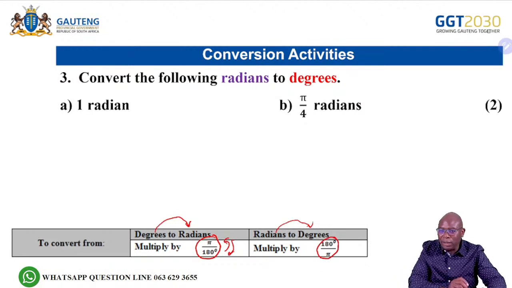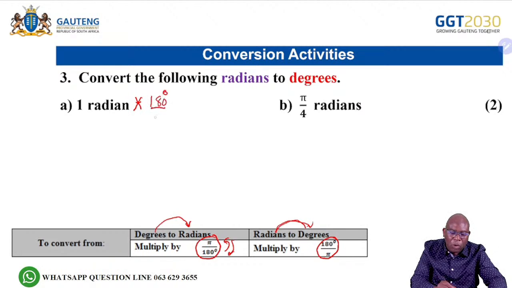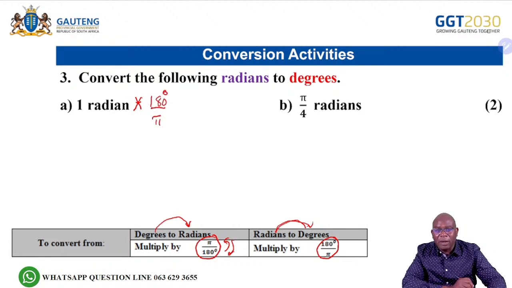So I've got 1 radian. The radian is given, and I want to change that radian to degrees. So I must multiply by 180 degrees over pi. So this one is going to be multiplied by 180 degrees all over pi. How do I then get the answer? I multiply 1 by 180 degrees and divide that by pi.